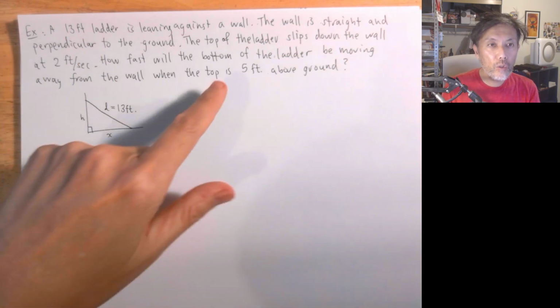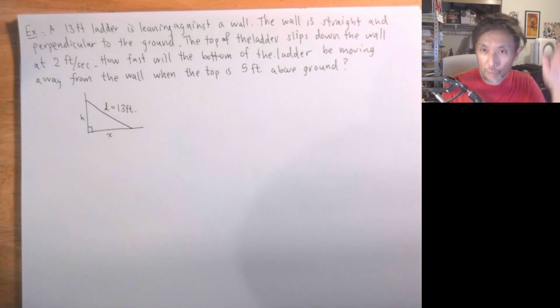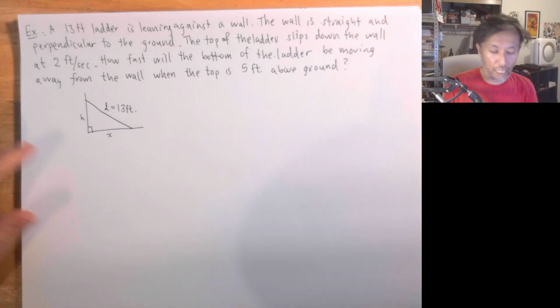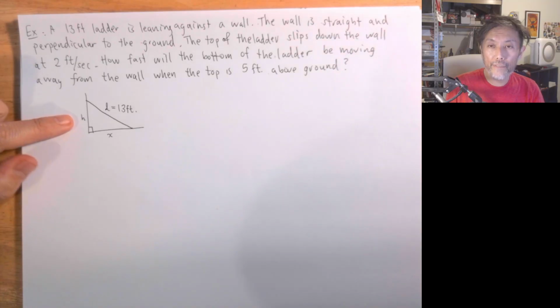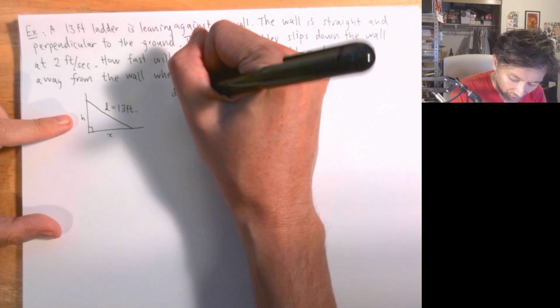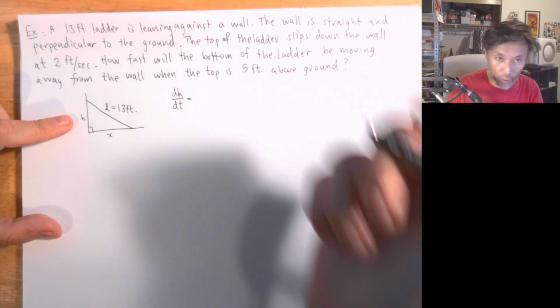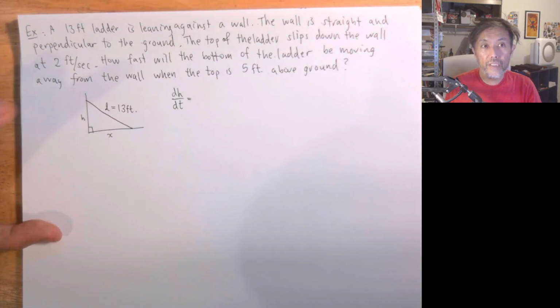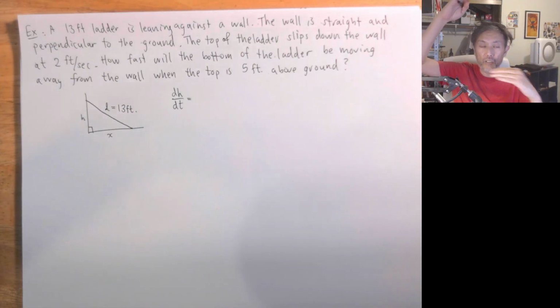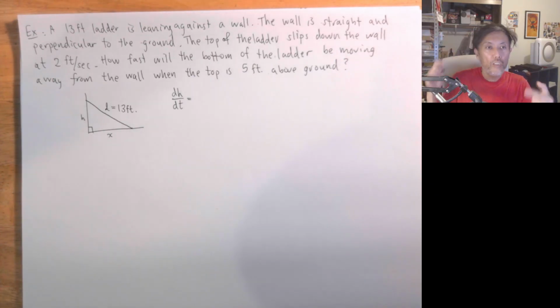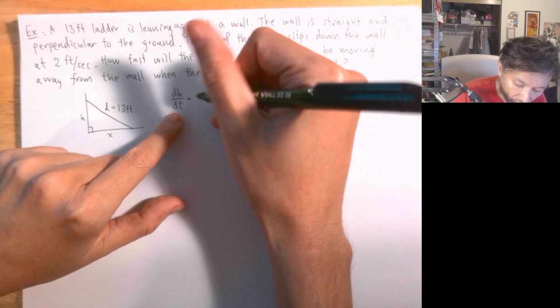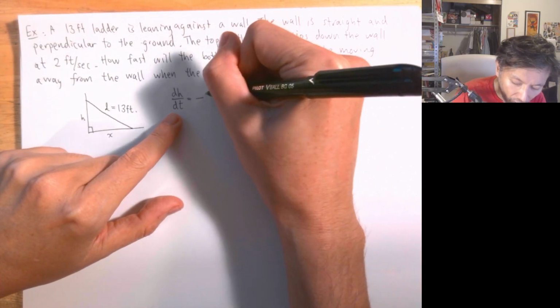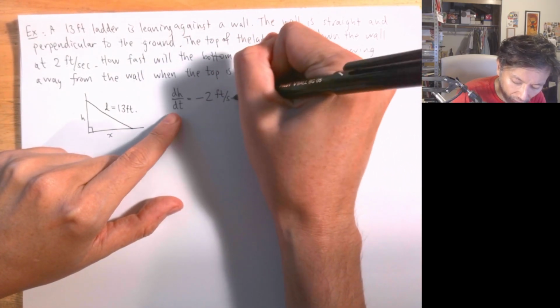Now, we are being told that the top of the ladder is slipping down the wall. You can imagine that. So that's a statement about the rate of change of h. What that tells us is that dh/dt, the rate of change of h, is in fact shrinking. It's getting smaller, right? So the derivative dh/dt is in fact negative 2 feet per second.